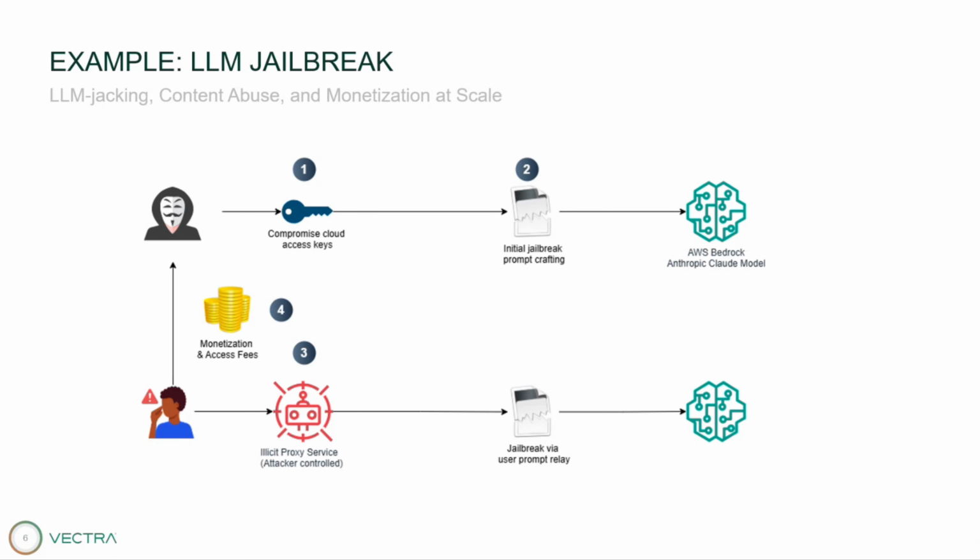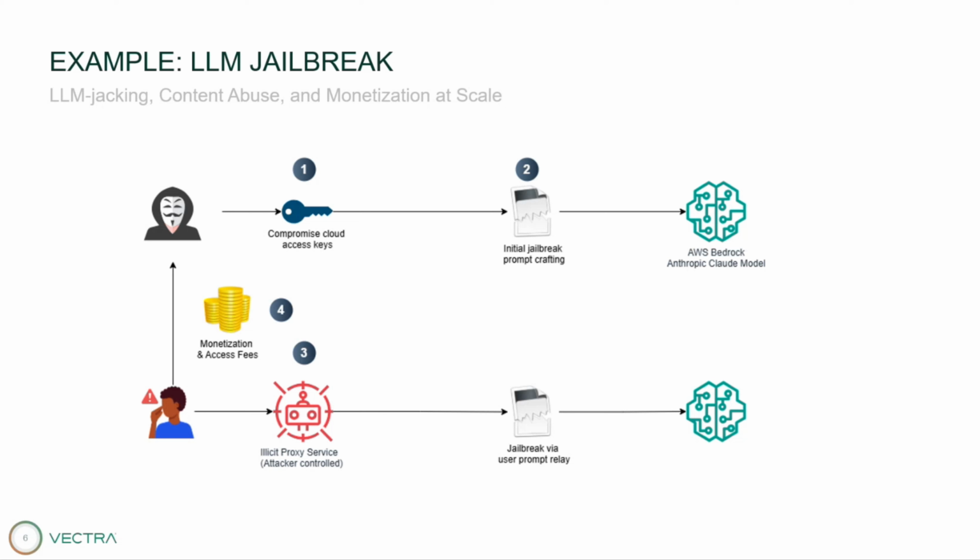So here we have an example of a jailbreak inside of a larger LLM abuse case. It started with something pretty common, exposed AWS keys. Once the attacker got in, they launched the jailbreak. Because even though they had API access, they still needed to bypass the model's internal safety features.